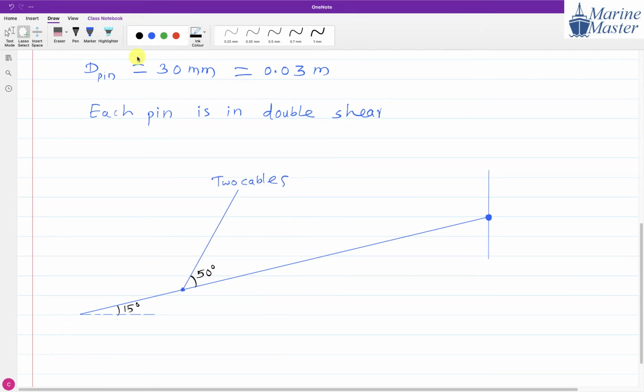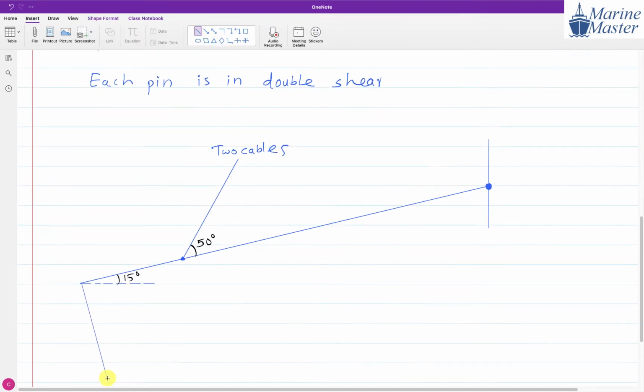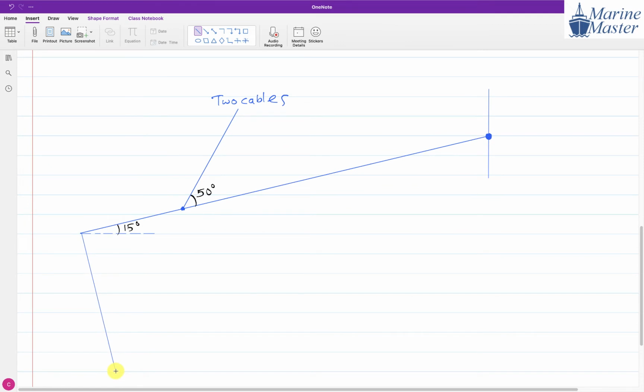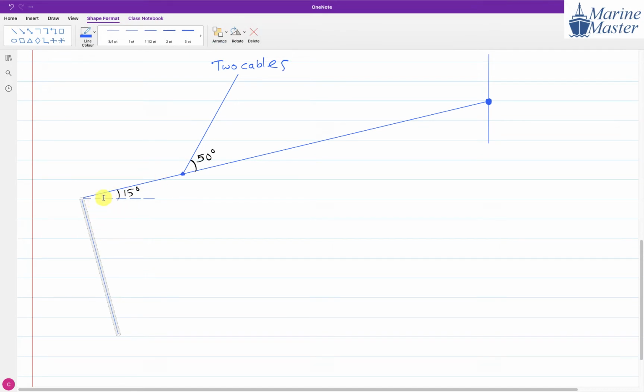Now the next thing. Observe carefully. From this point, I am going to draw a dotted line. What is the speciality of this line? This line is exactly perpendicular to the ramp.